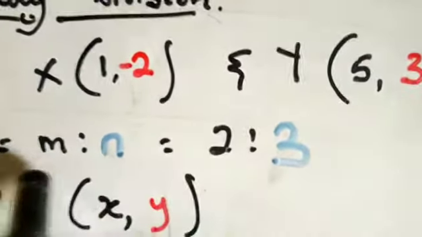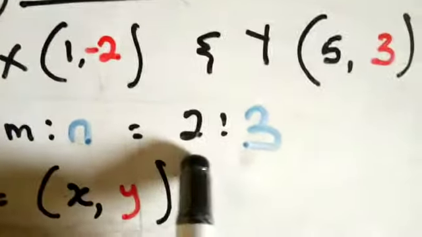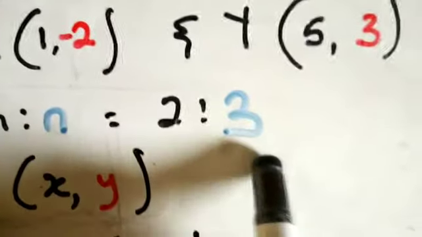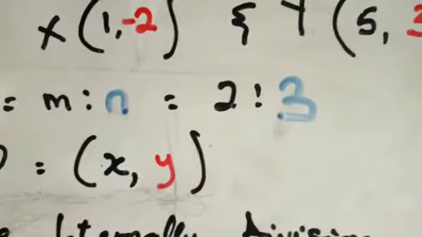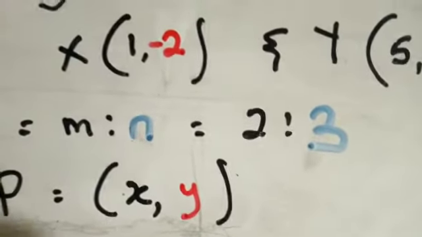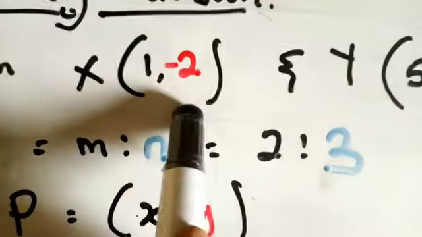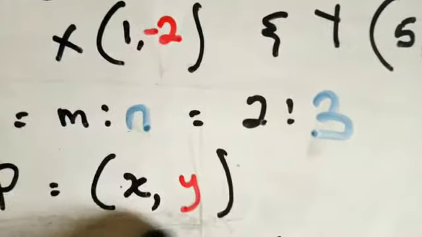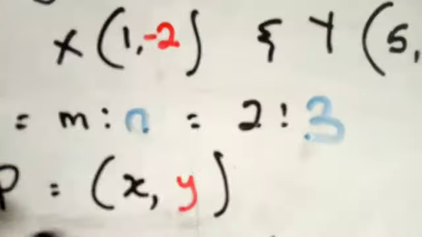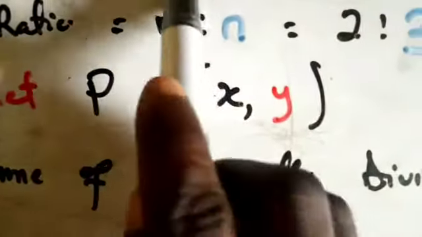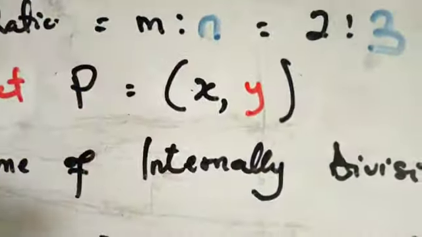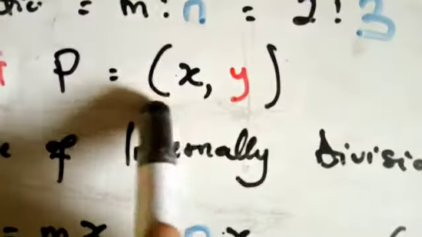So assuming one part is 3 and the second part is 2, that is what we have. They say you should find P. Automatically you should know that P looks like the points x and y, so if it divides them, it should also look like one of them. So we let P, which divides x and y into two parts, be (x, y). You should understand this.